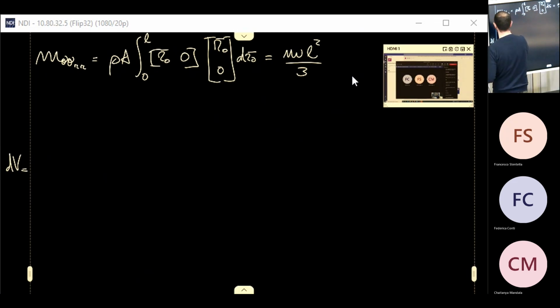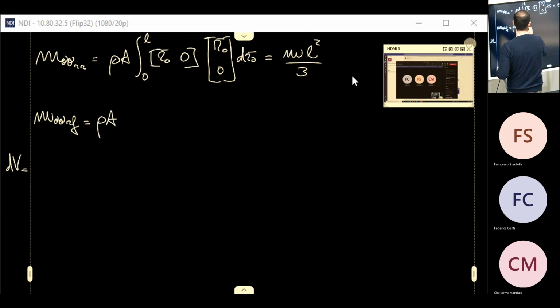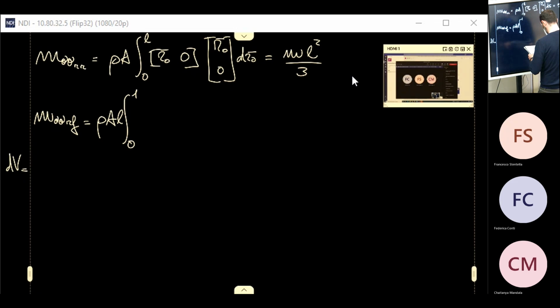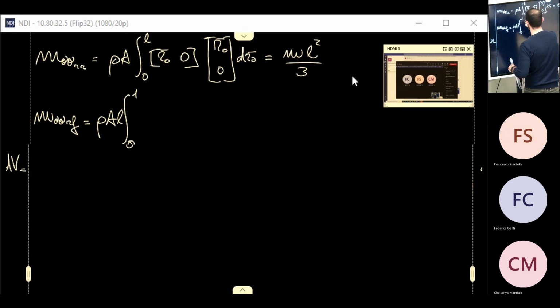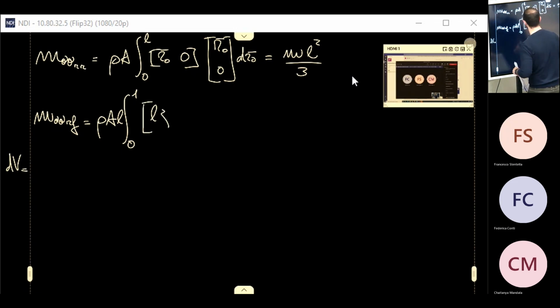Then you have, and this can be written like so. I see there is a mistake here. 0 to 1. So here you can call it basically L times C. R0 is L times C.